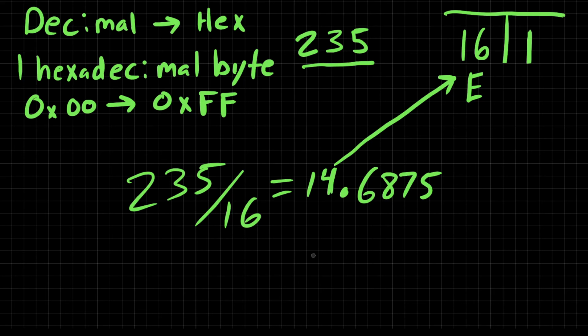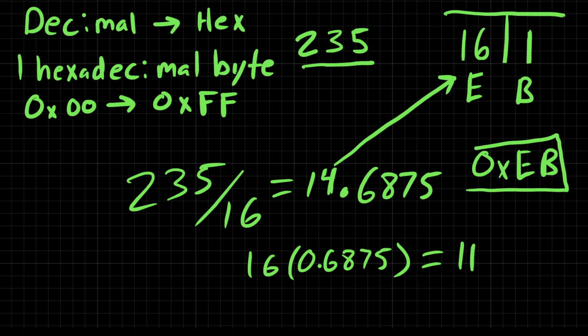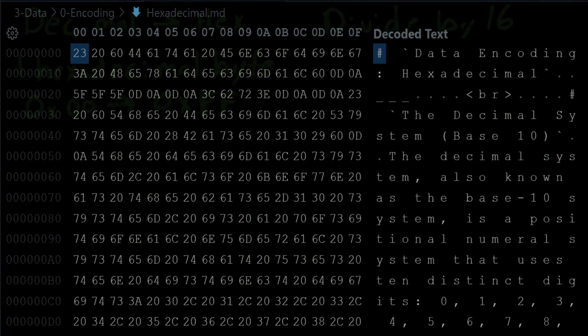Now we're going to take 0.6875. We need to multiply that by 16 to get our 1's place here, and that is going to give us 11. But again, we can't use 11. We need to use the symbol in hexadecimal for that, which is B. So our final answer here is 0xEB is the hexadecimal for 235 in decimal.